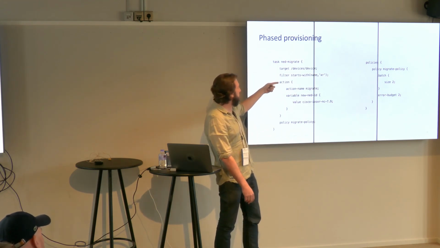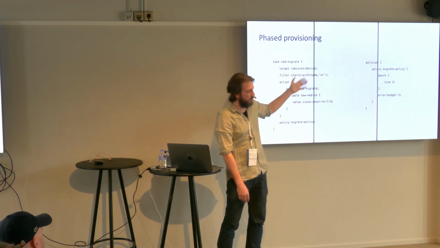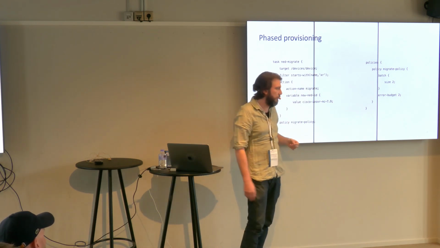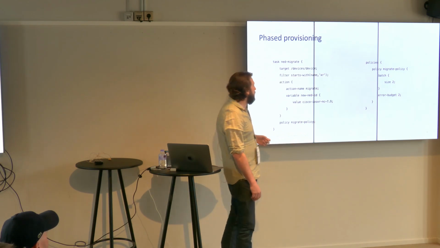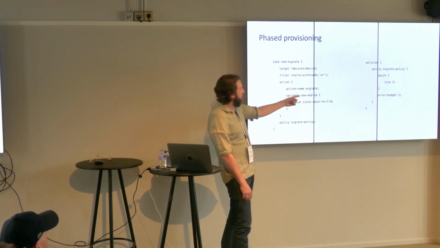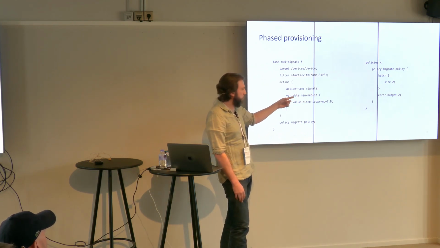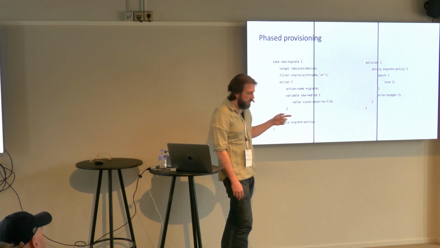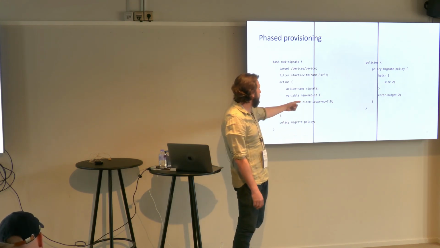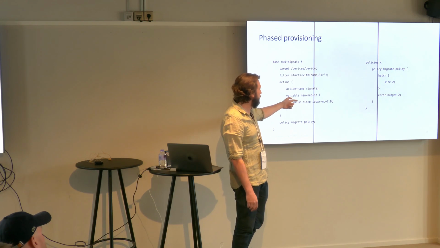I have defined which action I'm calling. That action name is migrate, which is how we call NED migration within NSO. And I have specified what arguments this action takes. In this case, a new NED ID.